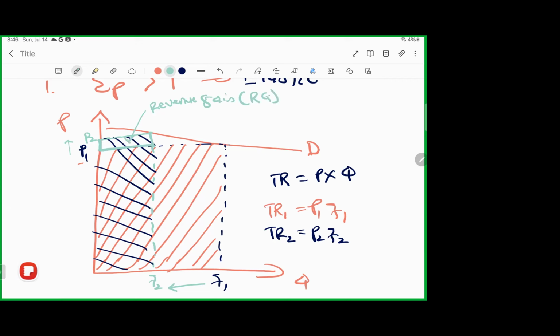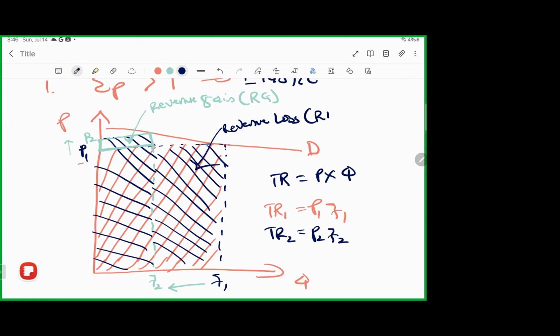So this side wasn't there, and it came on board as a result of the increase in price. But you realize that the seller has also at the same time lost this side of the revenue. So this is revenue lost.